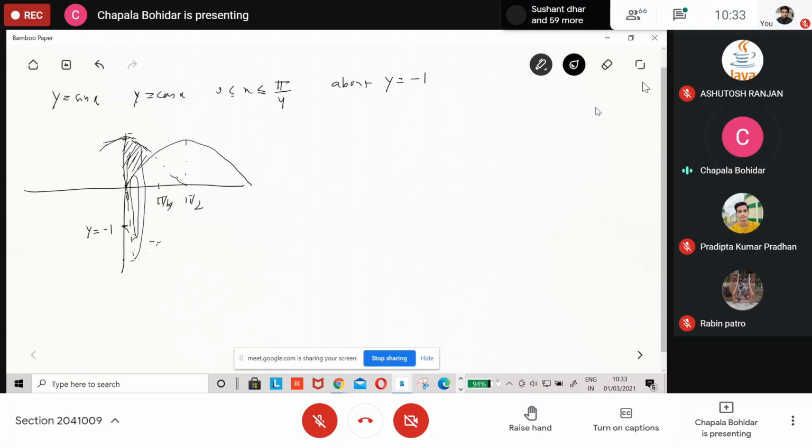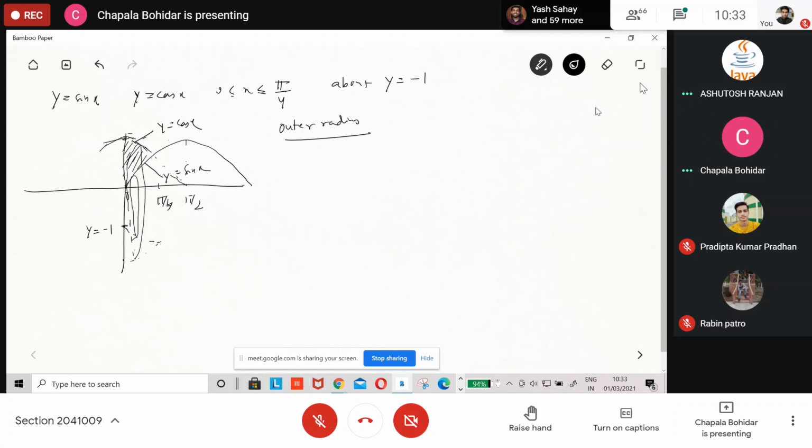Okay. So what is the outer radius? This is the curve for y is equal to cos x, and this is the curve for y is equal to sin x. This portion is sin x, this is your cos x. So your outer radius is cos x minus of minus 1.